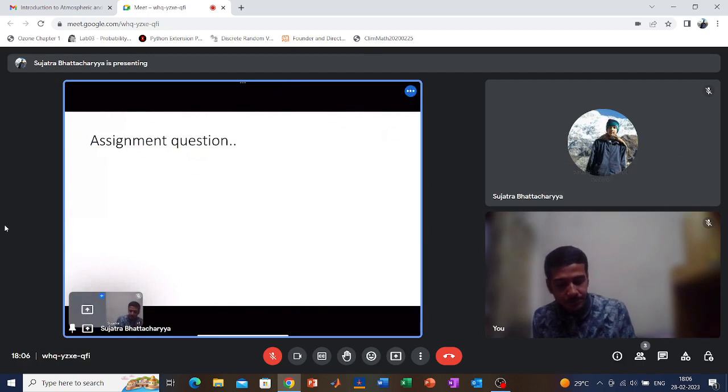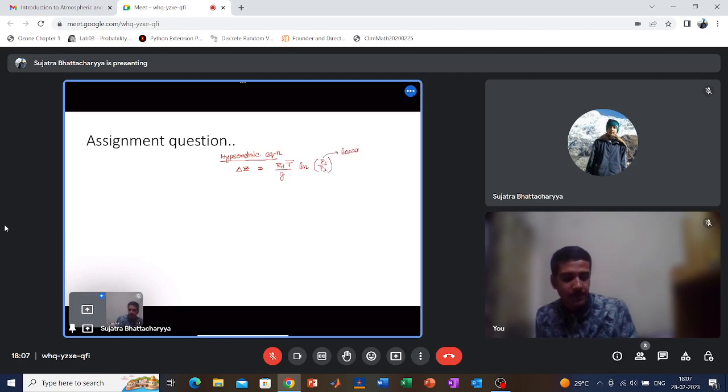So let me write here. The hypsometric equation is a simple geopotential height equation which tells that the Z, or the delta Z, between two pressure surfaces will be given by R, the specific gas constant, mostly we take the dry air gas constant, and the mean temperature of the column in kelvins, divided by gravity, times log of P1 by P2, where P1 is the lower pressure surface and P2 is the upper pressure surface.